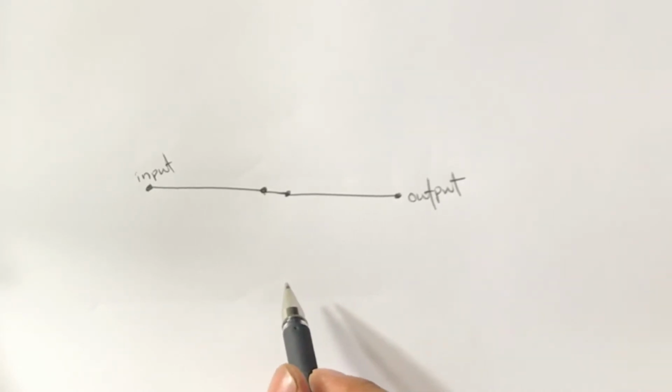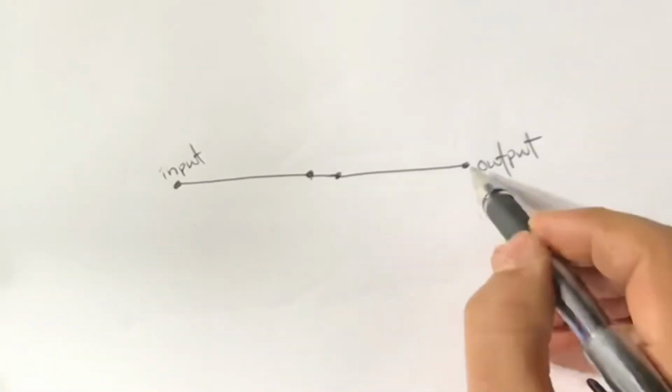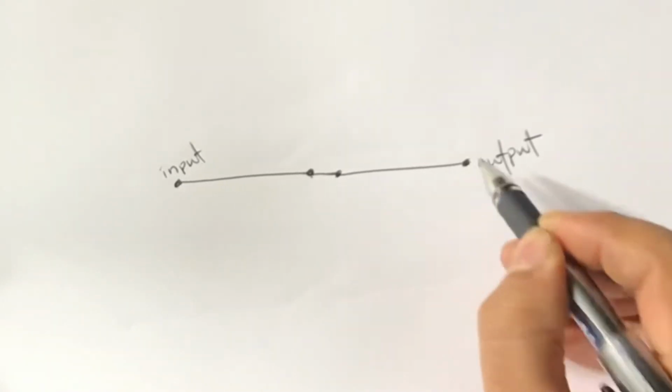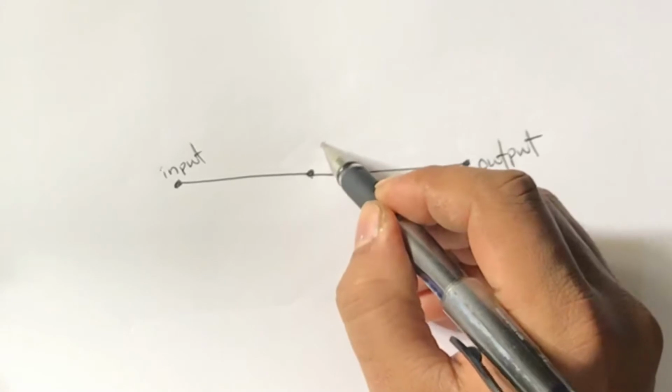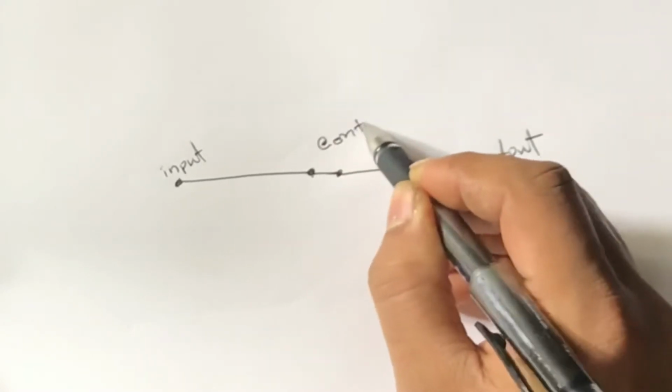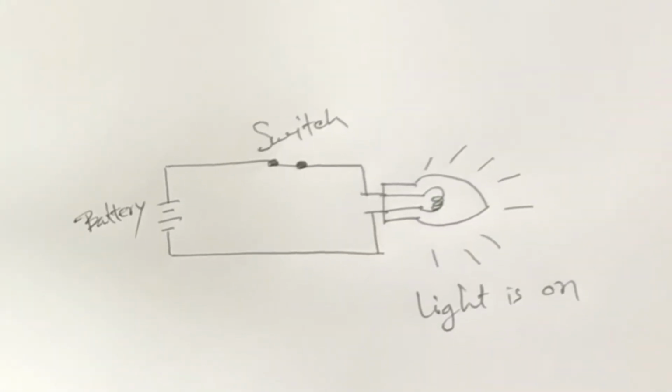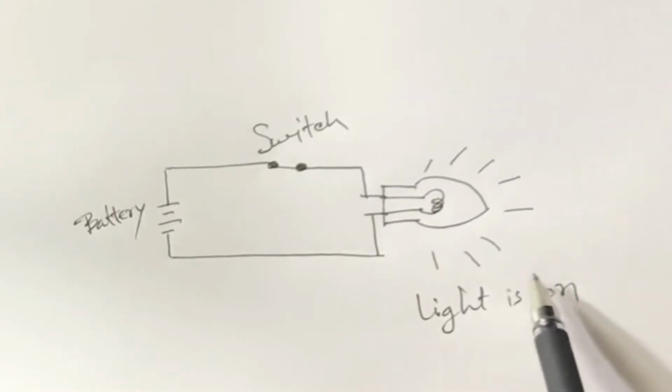Since the switch has only two states, on or off, we can say that it's a binary switch or just a switch. And this switch has three connections. One is input, another is output, and control. When the switch is closed, the light is on.